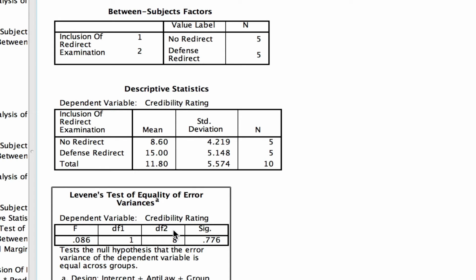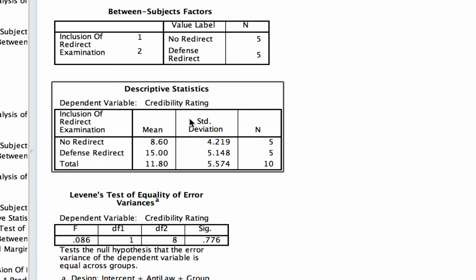First of all, we see that our Levene's test is not significant, so we can go ahead and assume the homogeneity of variance assumption. We get our descriptive statistics. Again, these are the descriptive statistics that you'd get for calculating any mean, not from the regression, and we'll compare those to the means that we'll see later.